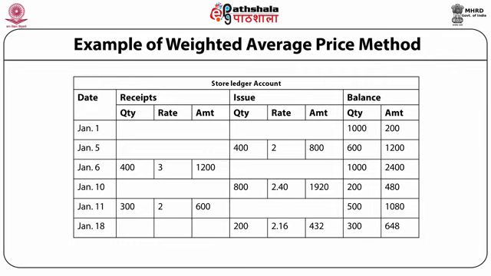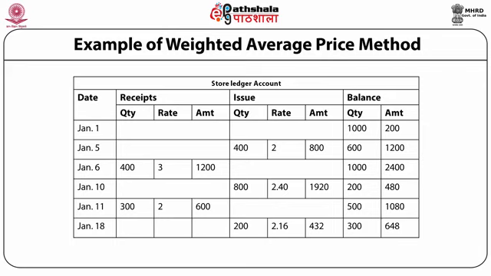As in this method, the purchases lose their identity and they are put into a common bin. So the number of units are added, 600 plus 400 is equal to 1000, and the cost becomes 1200 plus 1200, 2400.